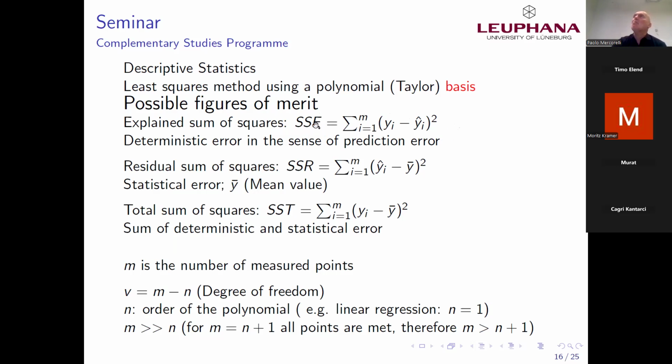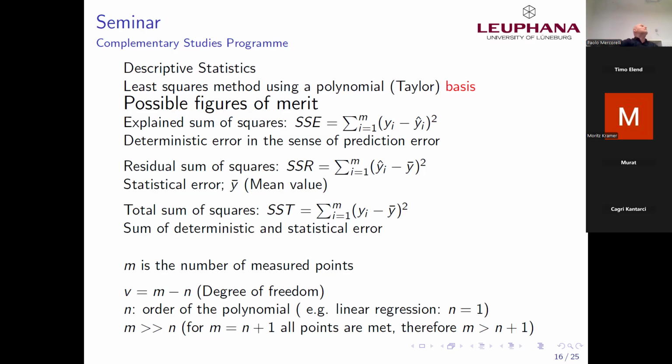something more deterministic than SSR, this residual sum of squares, because in this SSR we can see that the difference is, instead of yi, I am considering y hat, which is a statistical element. I didn't put much information here, but it is the mean value of the yi. This means I have m measurements.